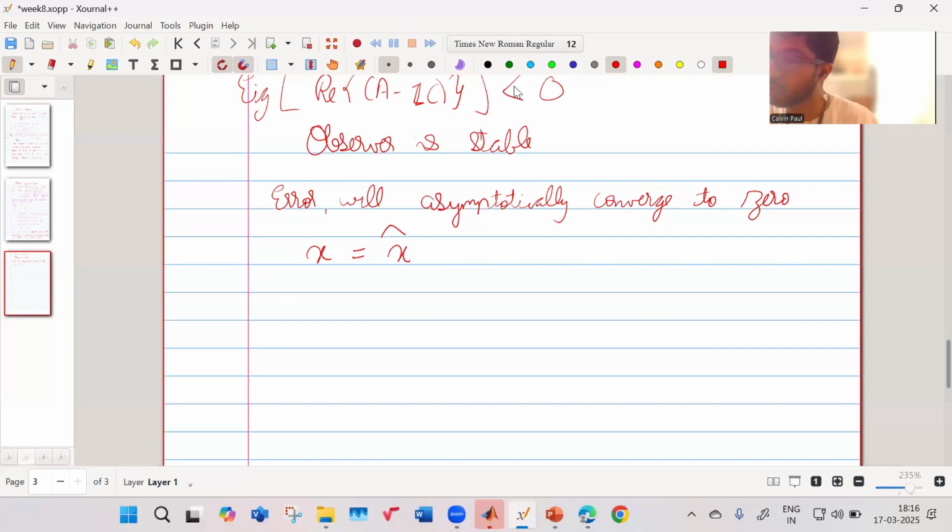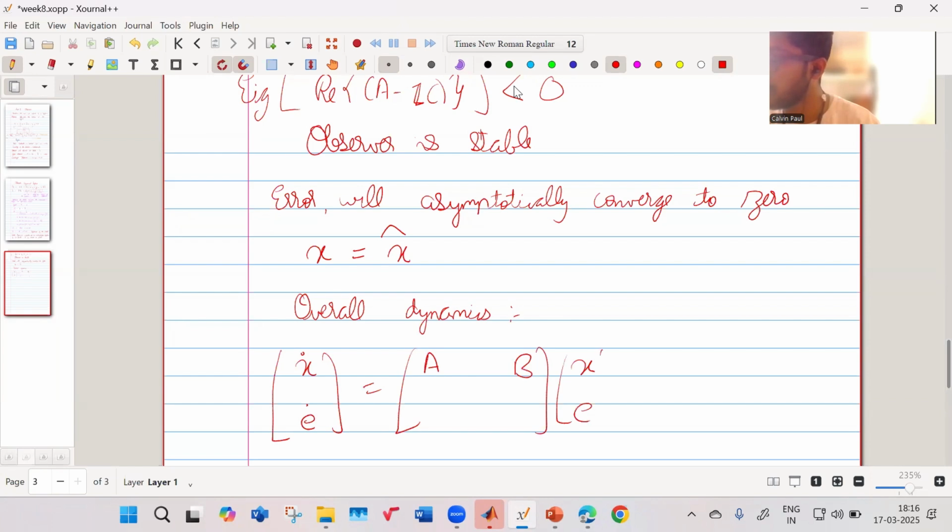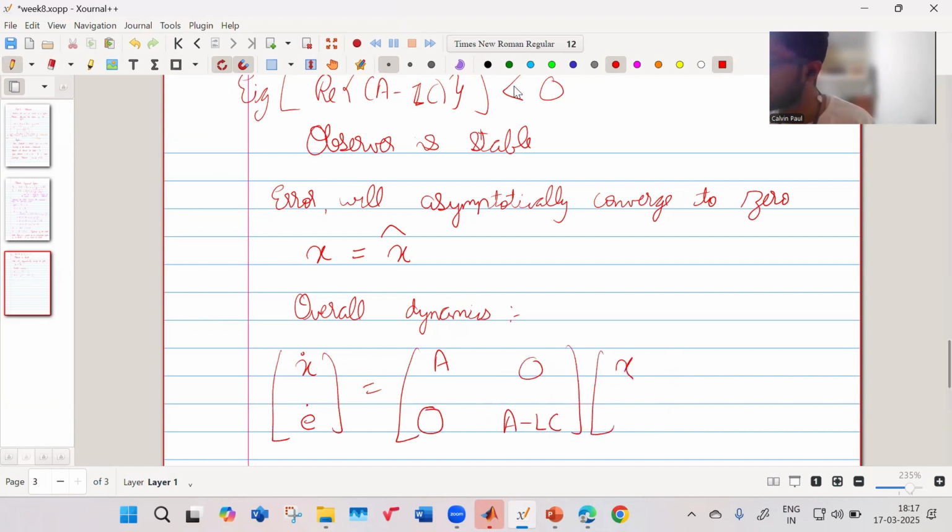What more? The overall dynamics can be written as x dot and e dot equal to the matrix with A, B in the first row and 0, A minus LC in the second row, into x and e, plus B into 0 into u.